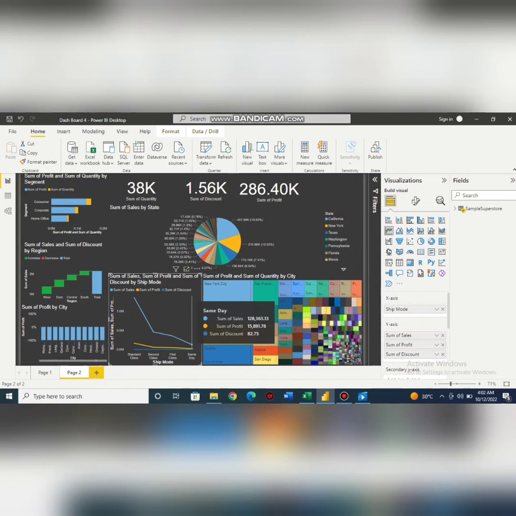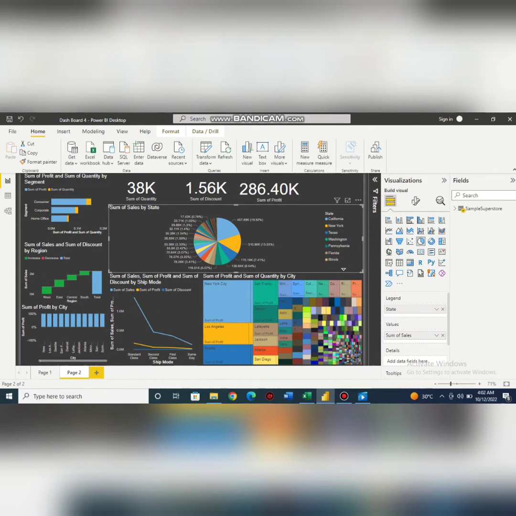So we should increase the discount and sales in the same day shipment mode to increase the profit, so we could ship the products the same day, and this will bring business reliability.